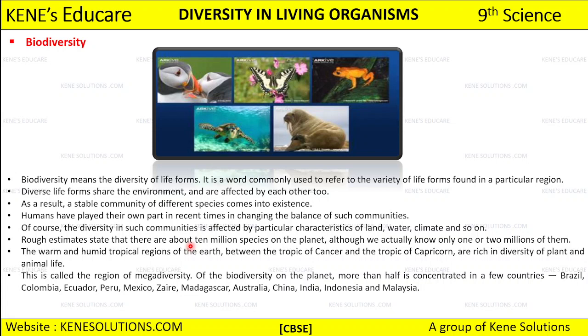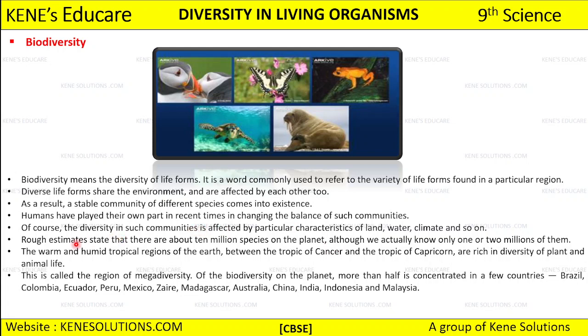So if we are changing the characteristics of land, water, climate, and all these things, what happens? We have an effect on the diversified kinds of communities which exist. We have an effect on them, right? So it's necessary that we keep an eye on it, and we do not change the characteristics of all such naturally available things that are available on earth.